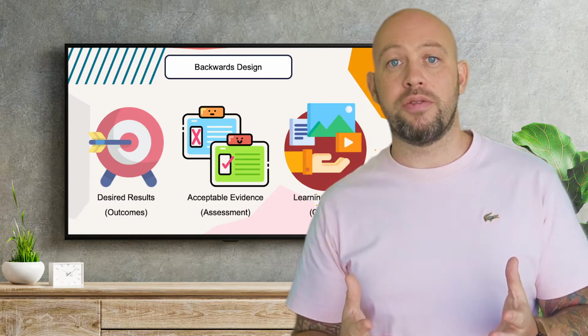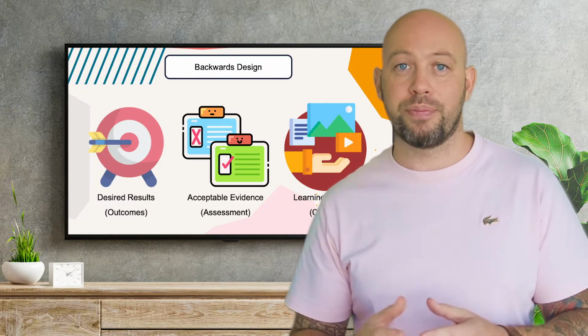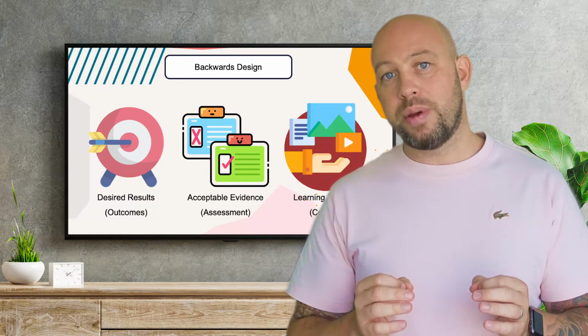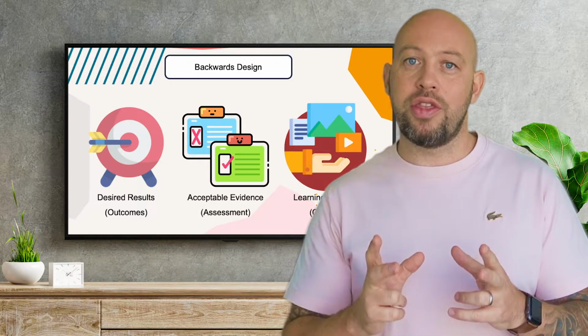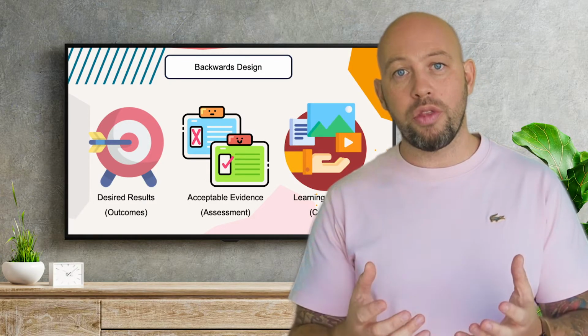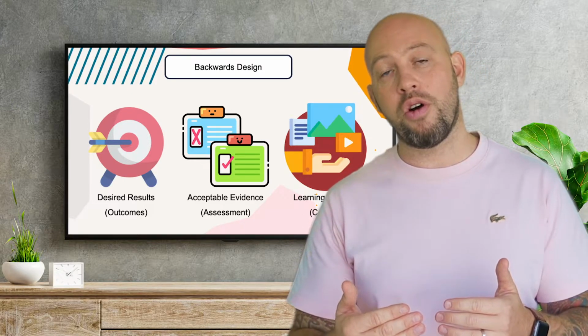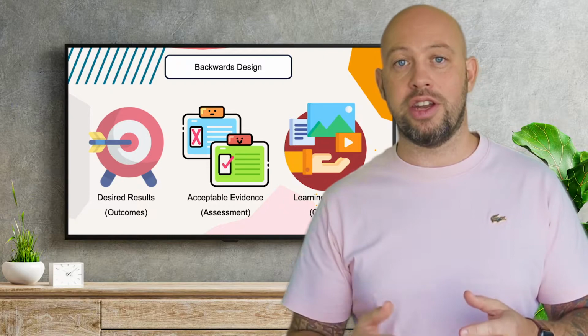This evidence could be in the form of formative or summative assessments, for example. Only when these 2 pieces are in place, I would then start thinking about the content and activities that would support the learner to achieve the evidence requirements and therefore show that they have met the learning outcomes.